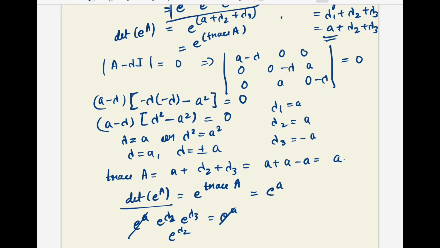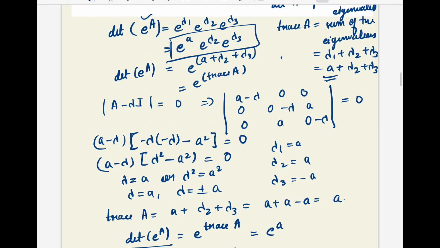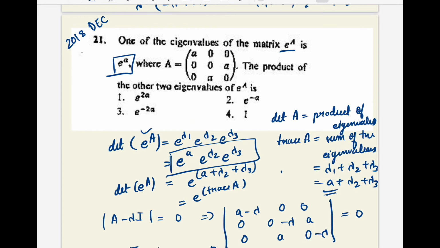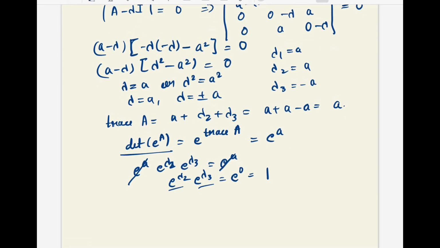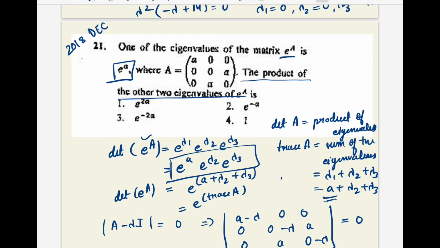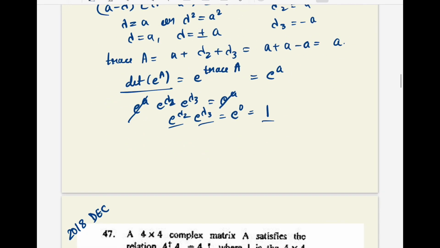This becomes e to the power lambda 2, e to the power lambda 3 equals e to the power 0, which is 1. So here we see the product of the other two eigenvalues of e to the power A is 1. So the other two eigenvalues are e to the power lambda 2 and e to the power lambda 3, and their product is 1. So the answer is 1. Option 4 is correct.